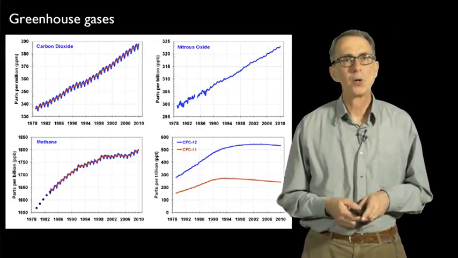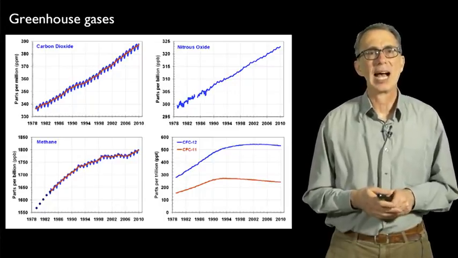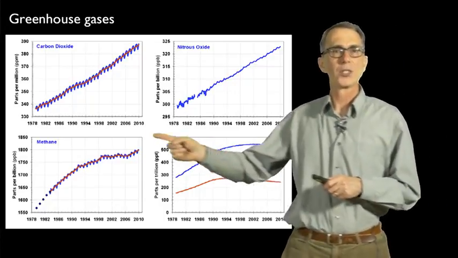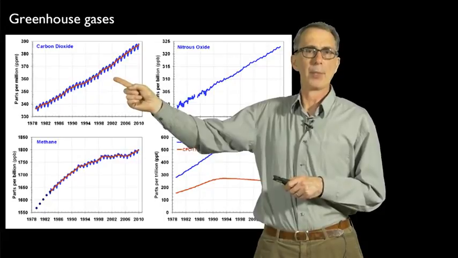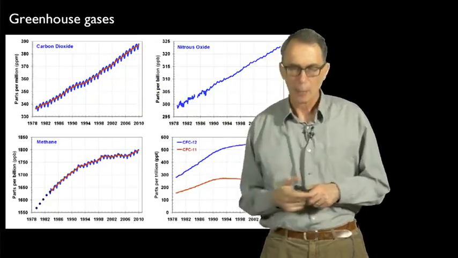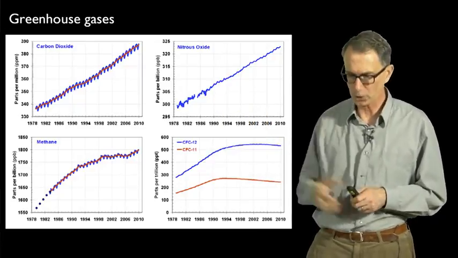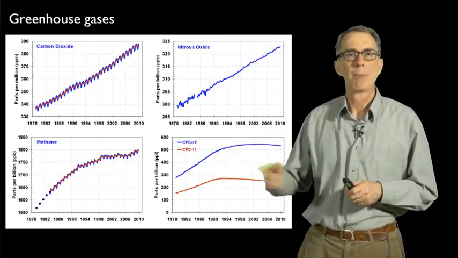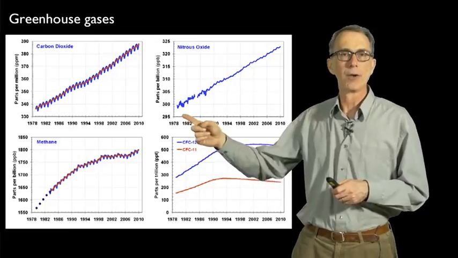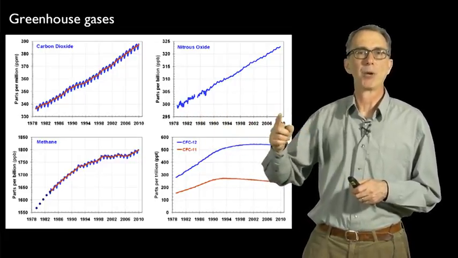So what about long-term variations in other greenhouse gases? This shows the changes in carbon dioxide that we've talked about before, but we can also look at long-term changes here of nitrous oxide over the last 40 years or so, from 1980 right up to the present.